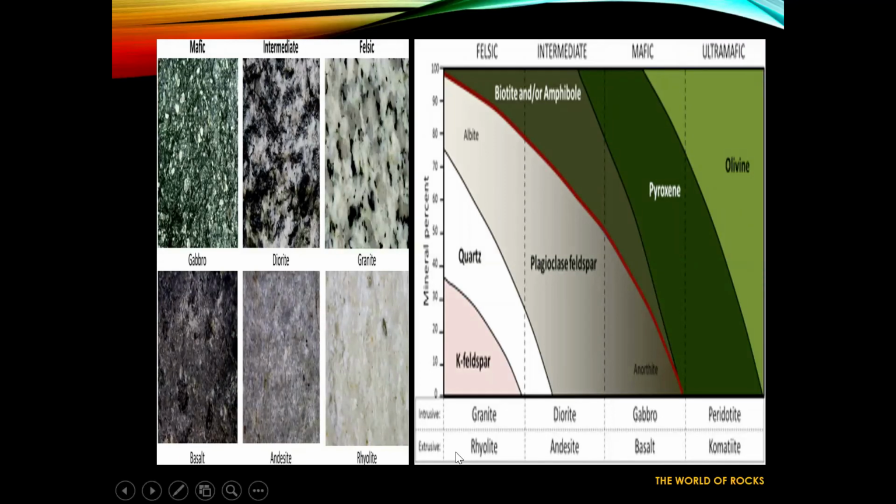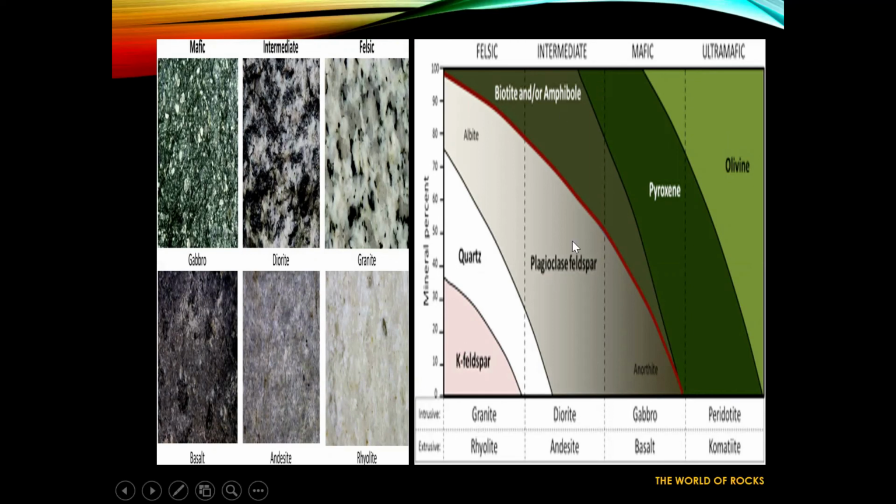To summarize the classification of igneous rocks based on composition, there are four types: felsic, intermediate, mafic, and ultramafic igneous rocks. In felsic igneous rocks, quartz and feldspar are dominant, and silica percentage is high.